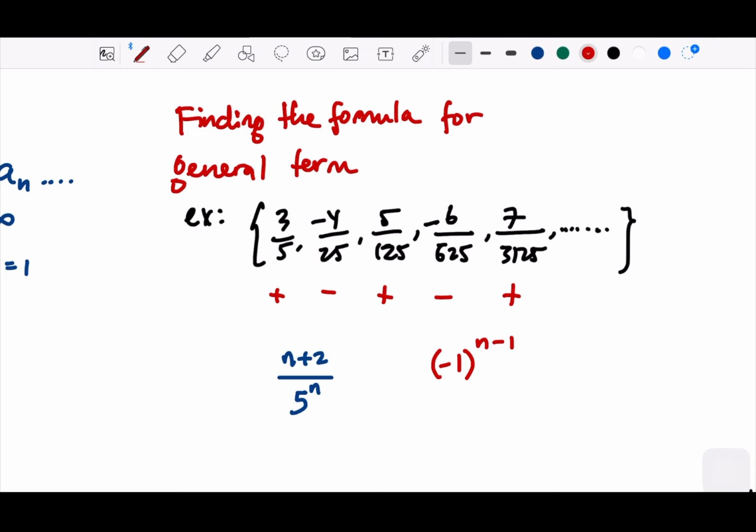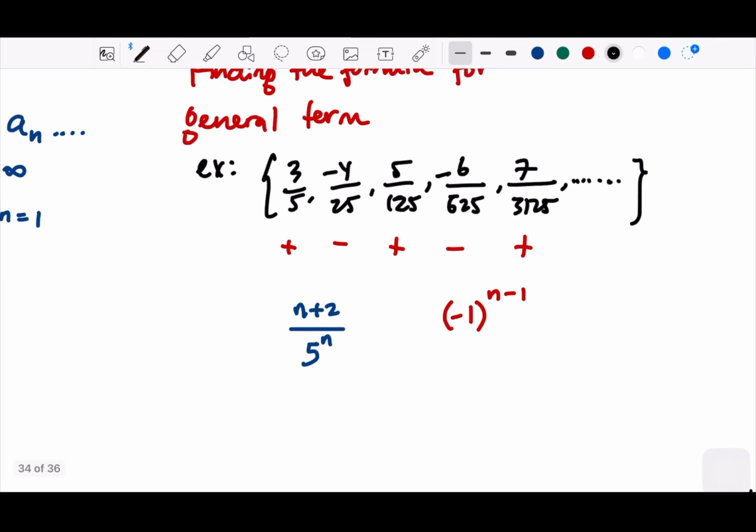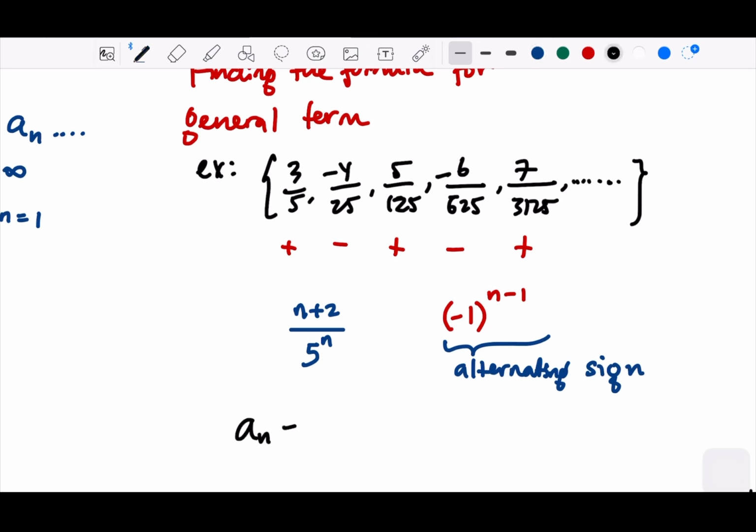Okay. And then we could combine these two. So this is for the alternating sign. So we could write a_n.